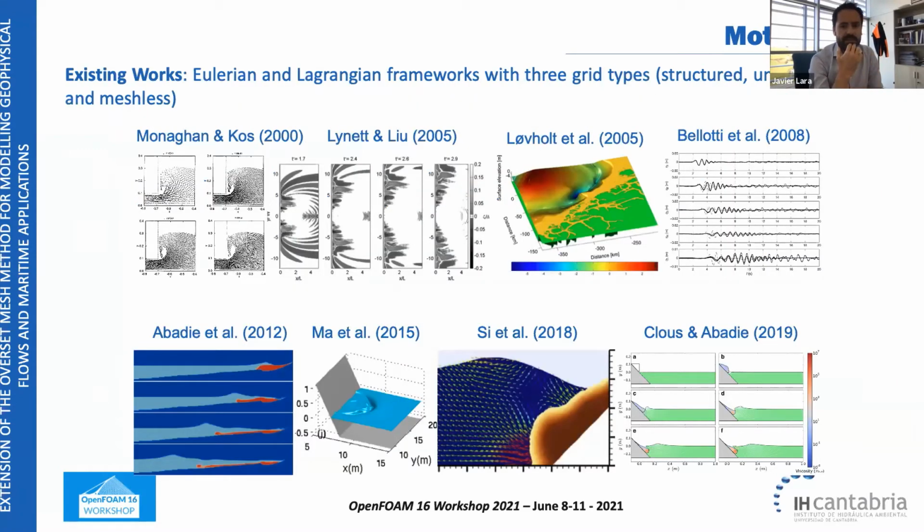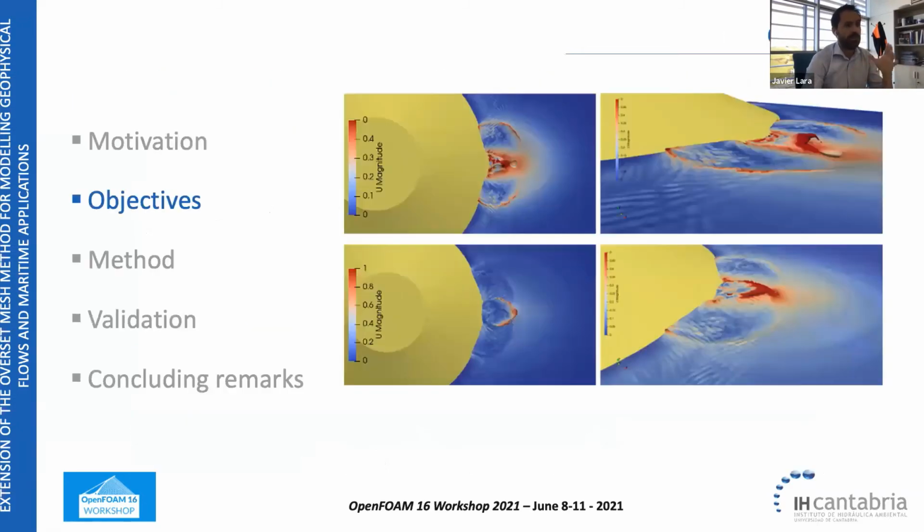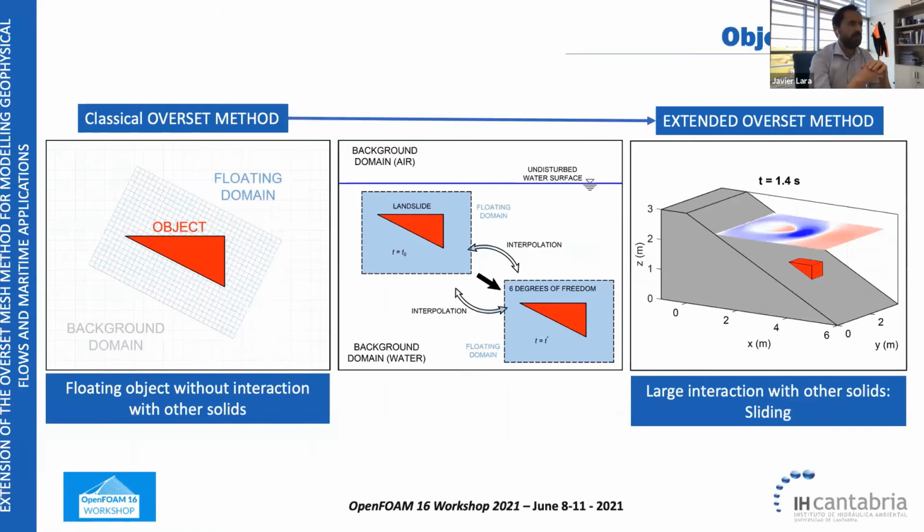There are several examples of numerical studies that have performed similar analysis, and we could find several approaches, something like using structured and unstructured meshes, or even meshless methods, but most of them are simulating a landslide without a proper definition of the momentum flow exchange around the moving object. So the objective we have in this project is the one you can see here.